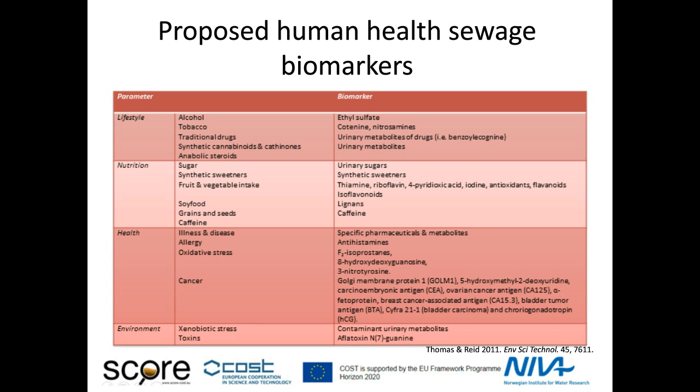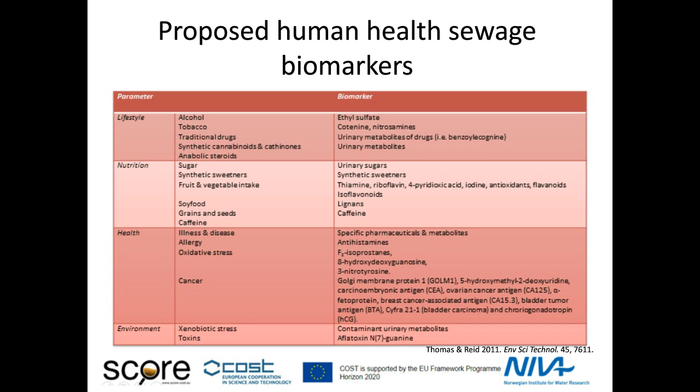That takes us to the next one down, which is health outcomes, and measuring cancer biomarkers, for example, was postulated. And I'll come back to one of these oxidative stress biomarkers in a minute. That's a really good example. And then the final one at the bottom there is environmental stresses, so measuring toxins or measures of toxins.